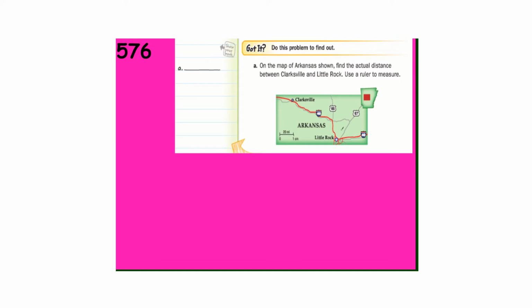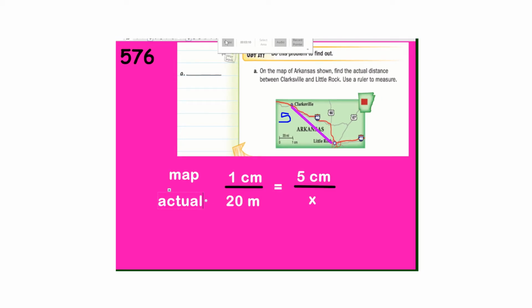Okay, you measure this one, Clarksville to Little Rock. And let's just say I measured it. Clarksville to Little Rock is, we're going to say 5 centimeters. Okay, so go ahead and pause the video and figure that one out. Okay, I have the proportion there.